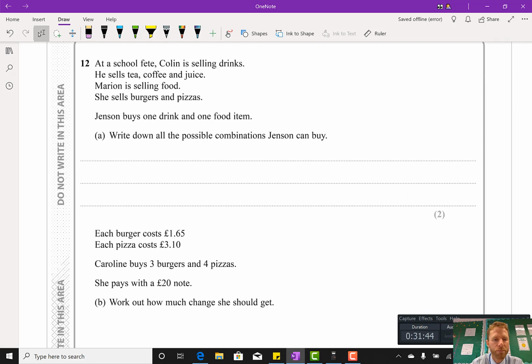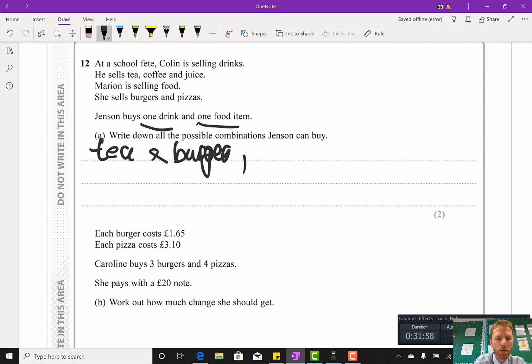So we'll start with tea. As it says, buy 1 drink. He also buys 1 food item, so he could buy tea and burger, tea and pizza.